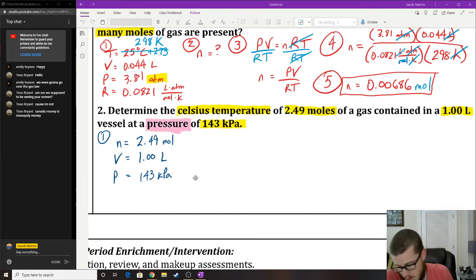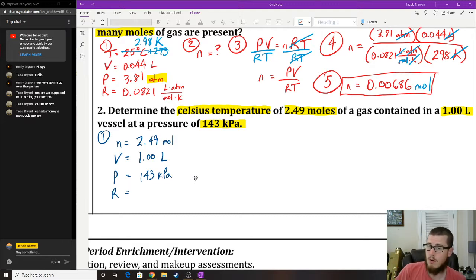All right. Next thing, is that it? And you may say, yeah, that's all the numbers the problem has. Remember, guys, if it starts to look like an ideal gas law problem, go ahead and assume that it is. But we're going to need the gas constant. Again, which one are we going to choose? Remember, the units for pressure decide it.